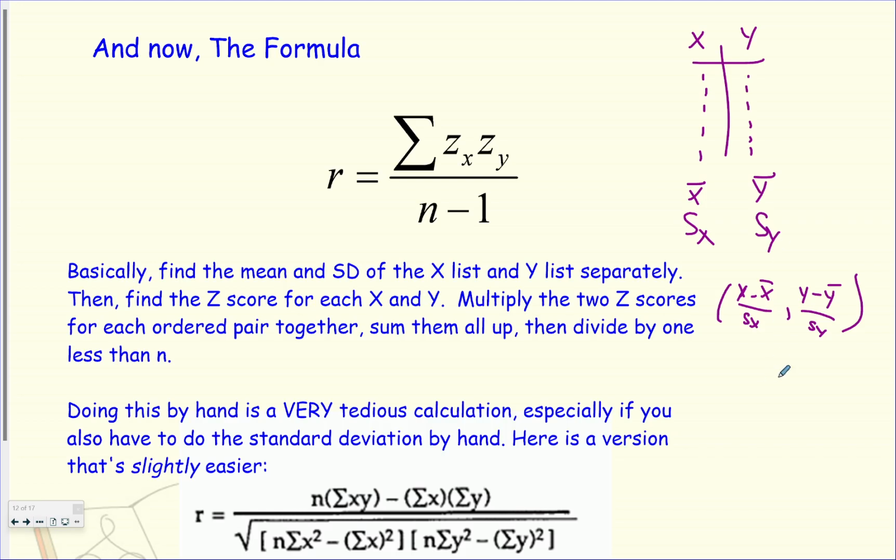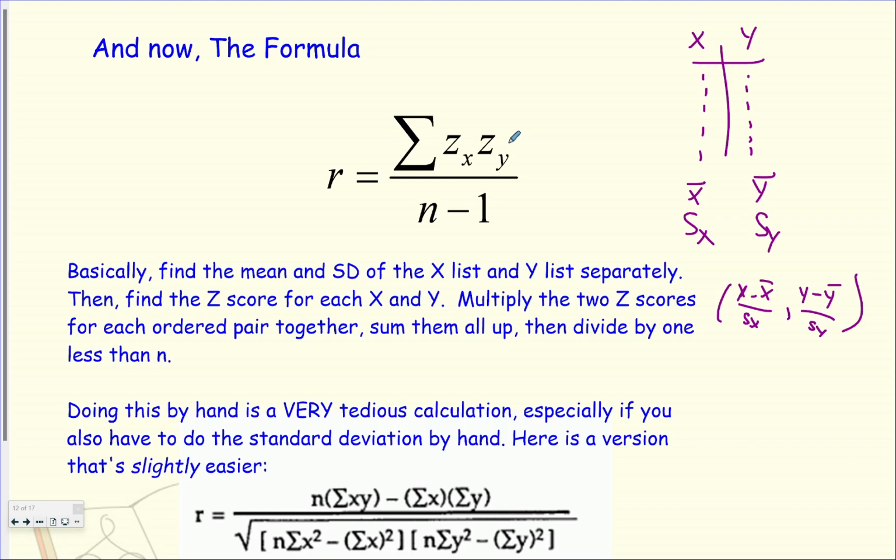Once you've got all that done, you then multiply the x and the y pairs together, add it all up, and divide by n minus 1. Sounds like a lot of work, right? That's why we use a spreadsheet.